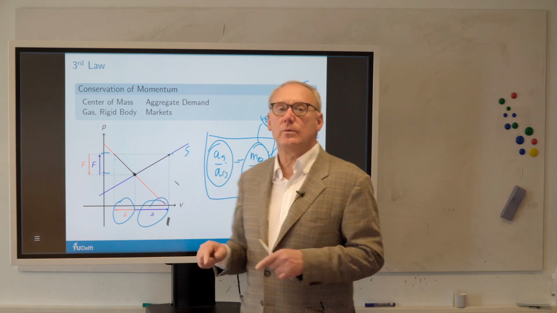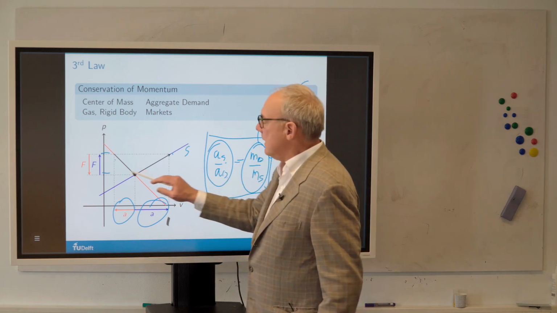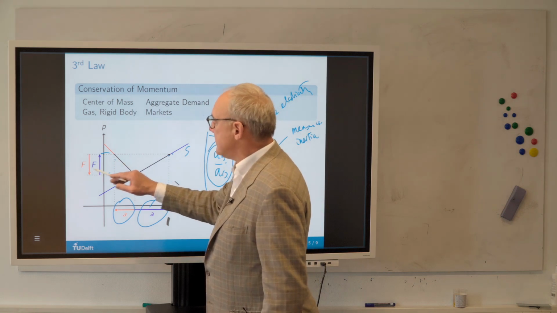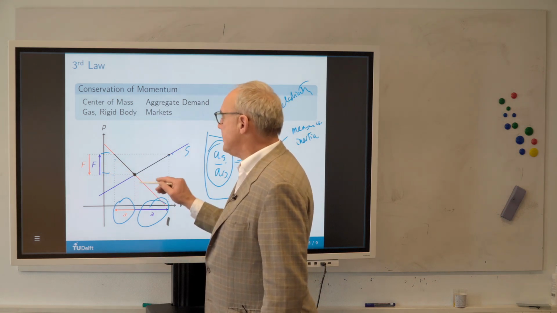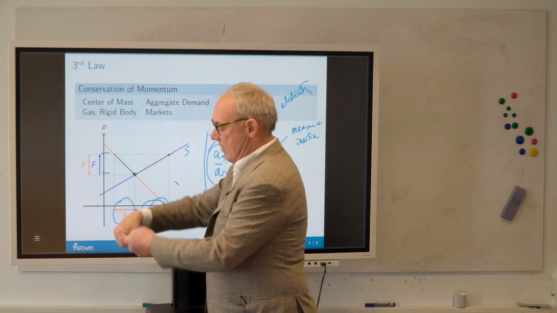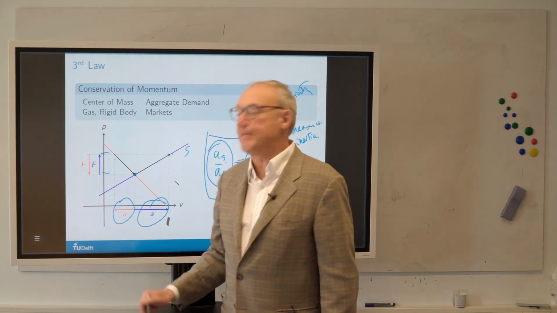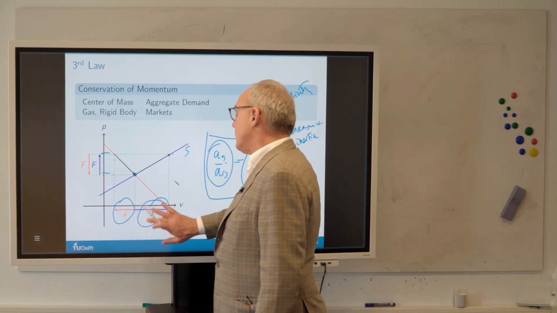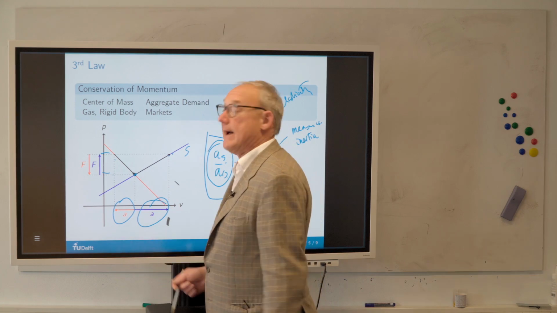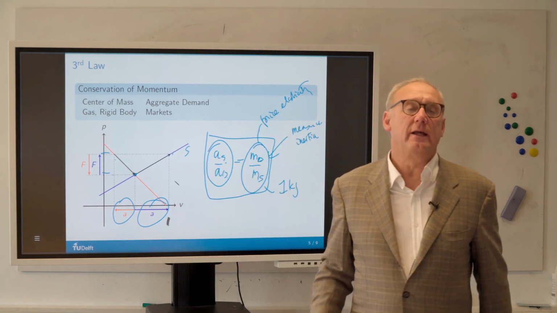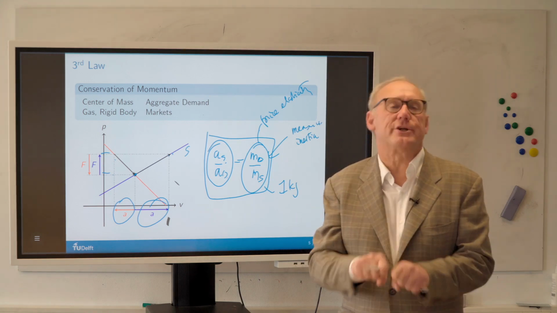Okay, so what you need to see here is that if there's an interaction, then action will be equal to reaction. So if you want to keep here, then these things are going to be opposite effects, right? And the potential extension, these are all potential effects that may or may not happen, right? It's just giving you the relationship to what could happen if you have this collision, all right?